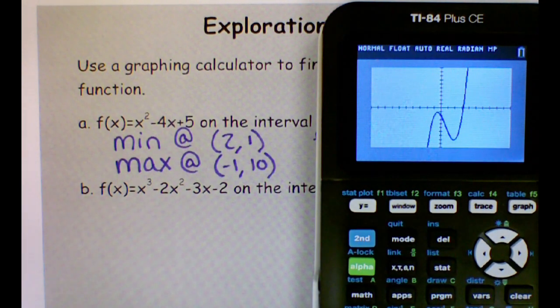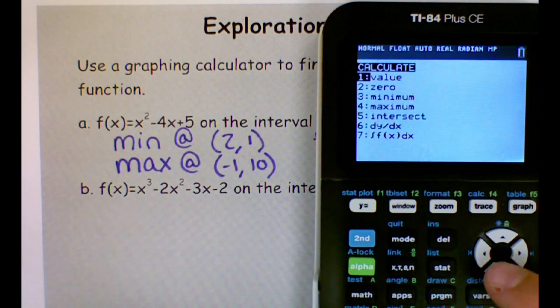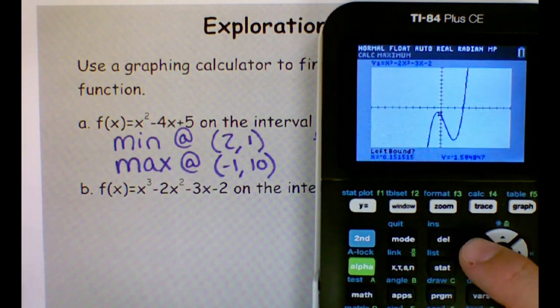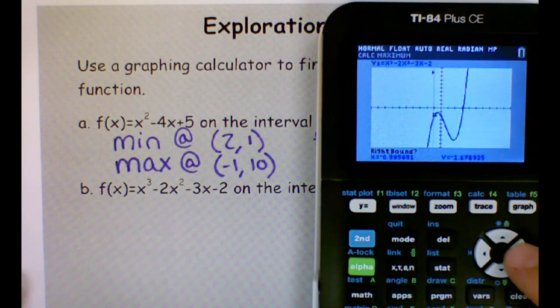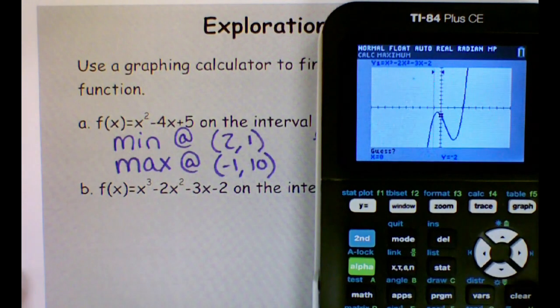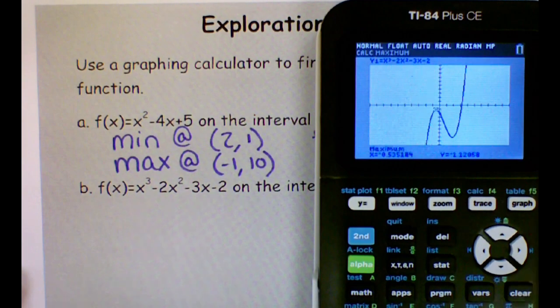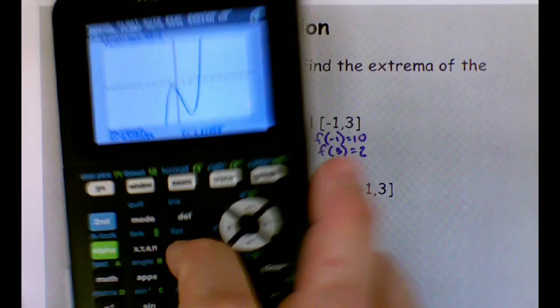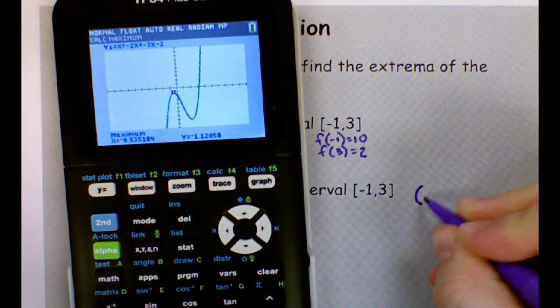So the first things we want to calculate are any that look like they're maxes or mins. So second calculate. I see a max there. All right, I've got, guess, there we go, -0.535, comma, -1.12.